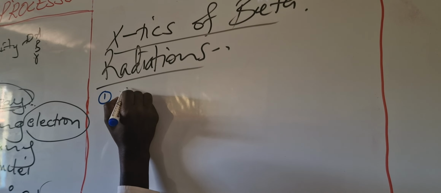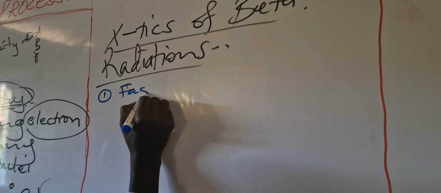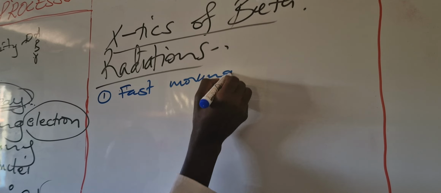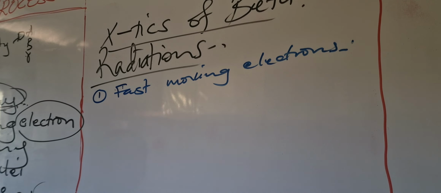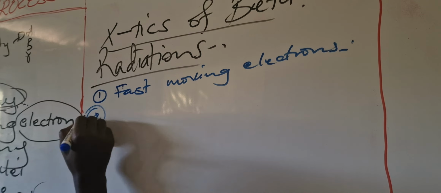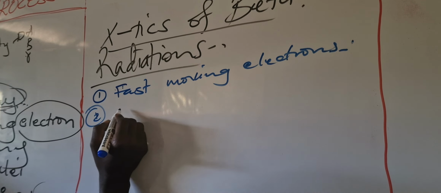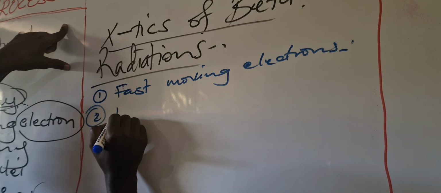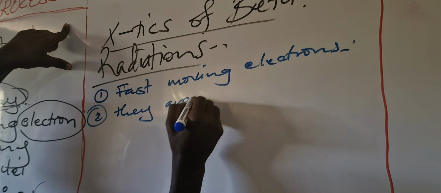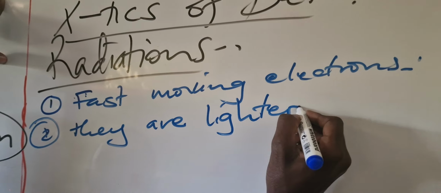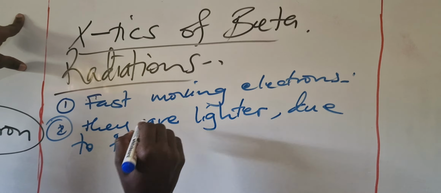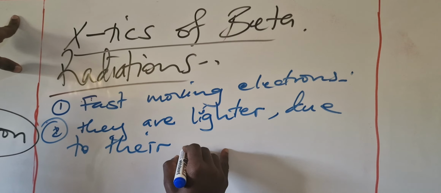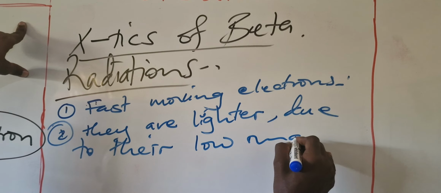For these ones, they are fast moving electrons. These fast moving electrons, they will always be lighter than. So these radiations are lighter due to their low masses.